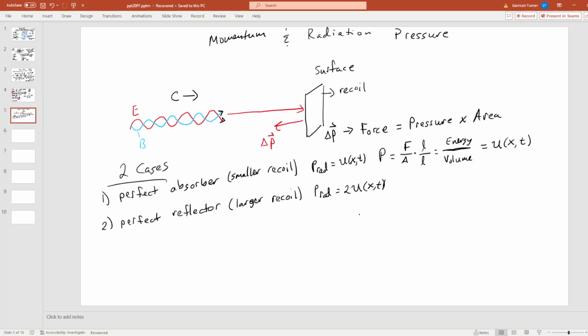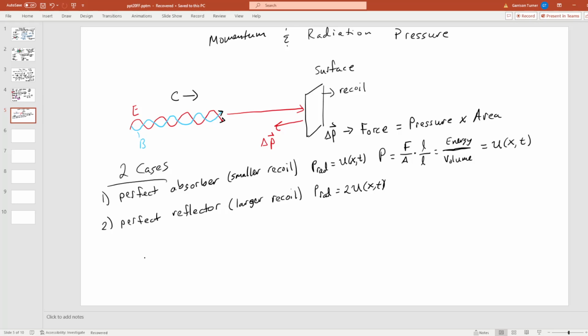So if you can calculate what the energy density is, then you can calculate how much pressure is going to be exerted on the object. But we can even go a step further.